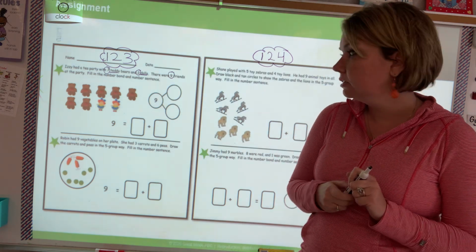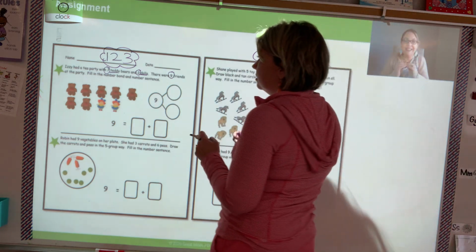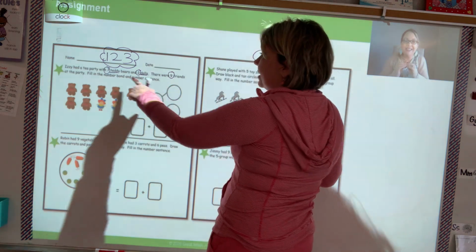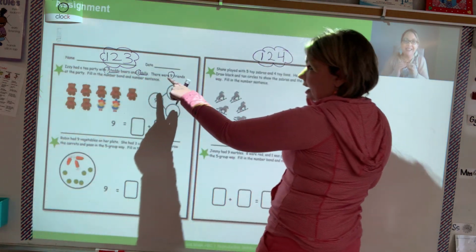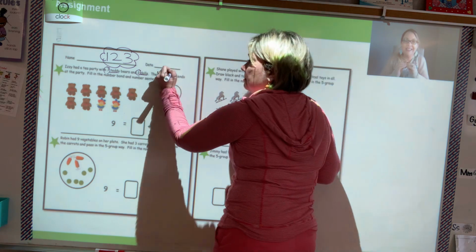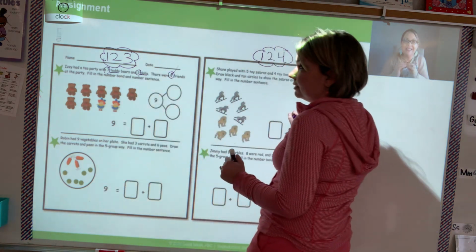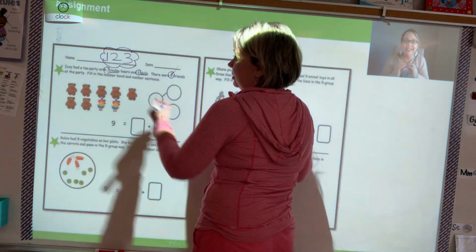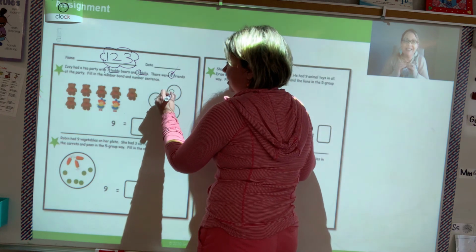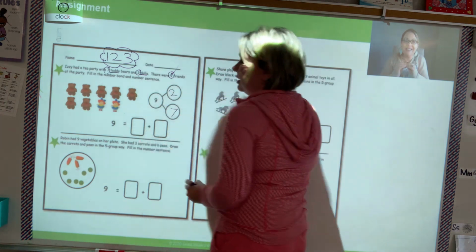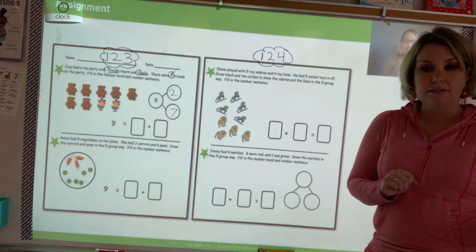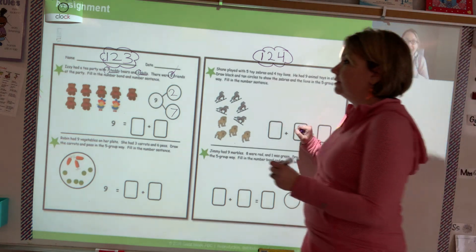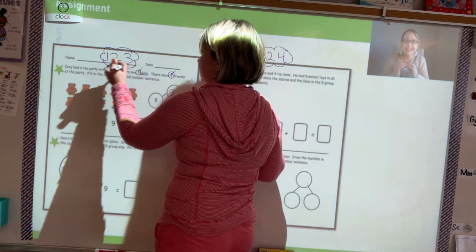The 2 parts are 2 and 7. Right, because even if I look up here at my number story, I've used my 9, check. But then I got my 2 and my 7. What if I put my 2 here and my 7 here? Is that okay? Yeah. So there's my 2 and my 7.